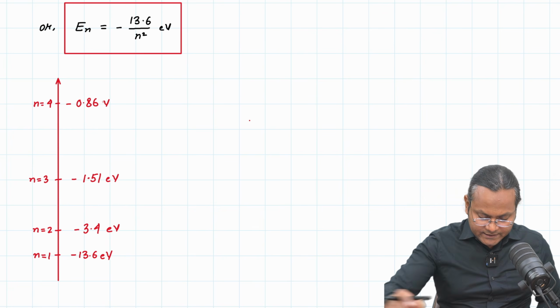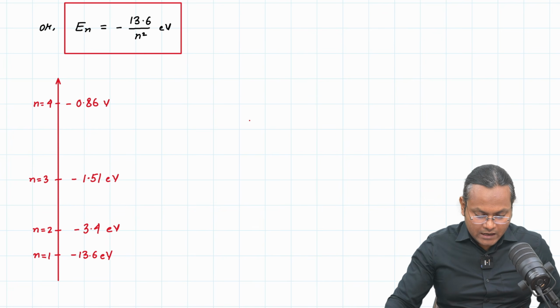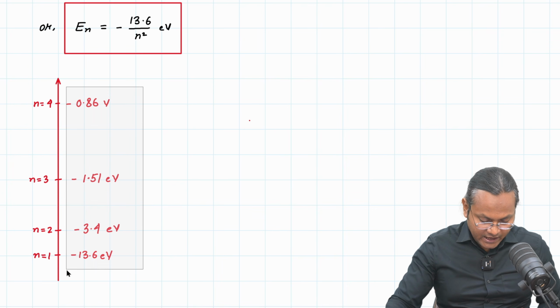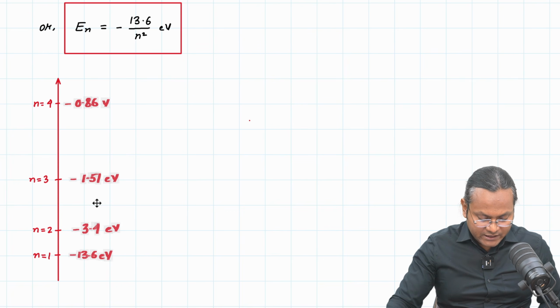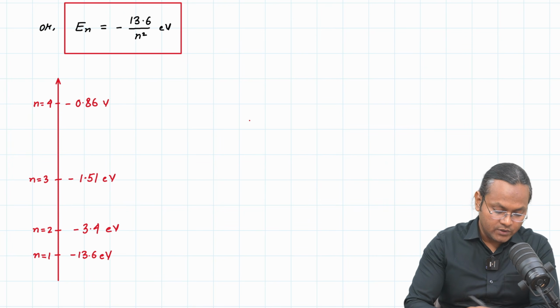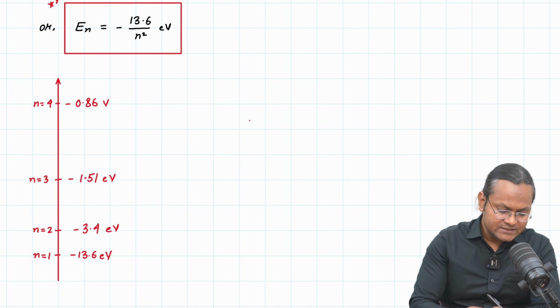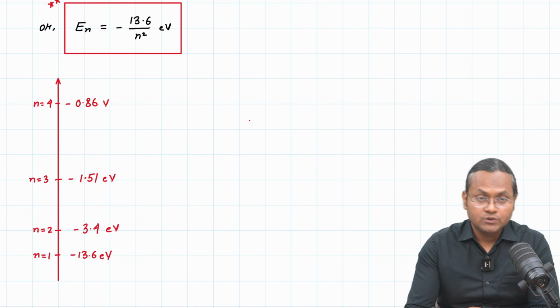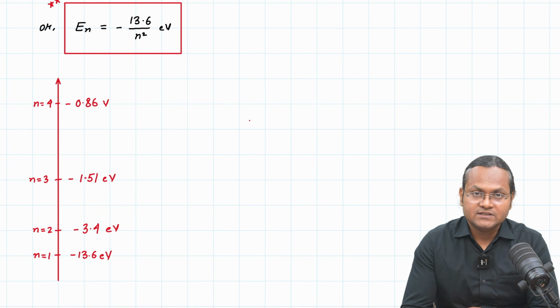So there it is. These are the allowed energy levels for the electron in a hydrogen atom. The electron cannot have any random energy value. It must only have an energy value which is allowed by this particular equation. This is something that is characteristic to the nature of quantum mechanics as a subject itself.